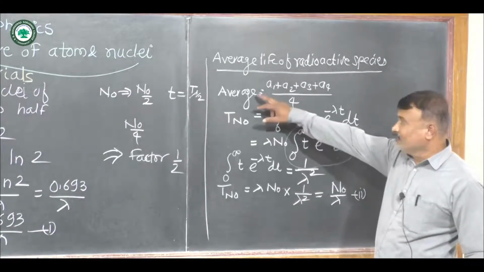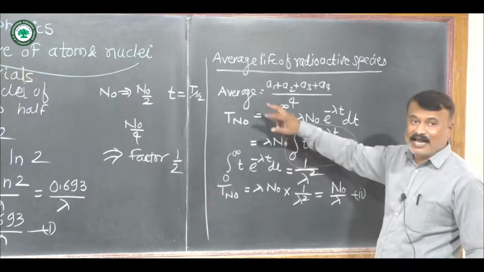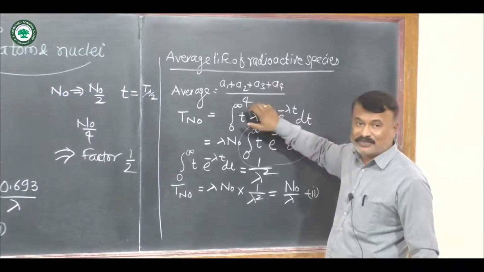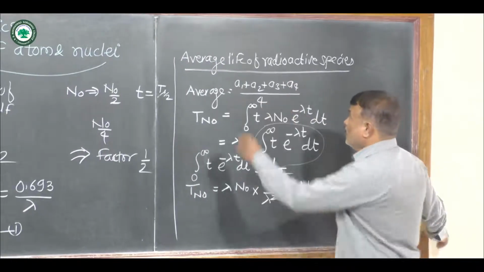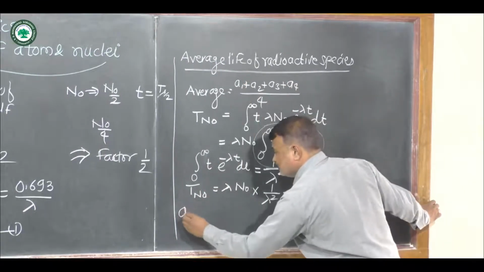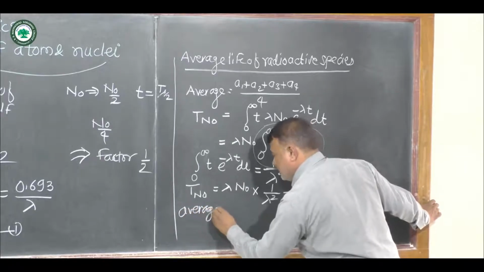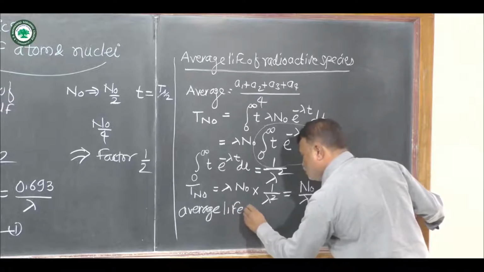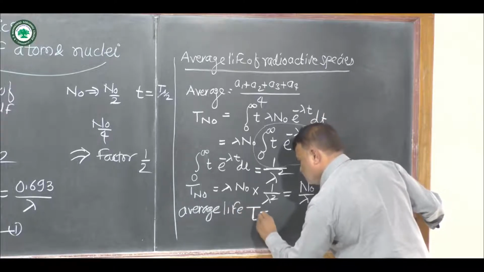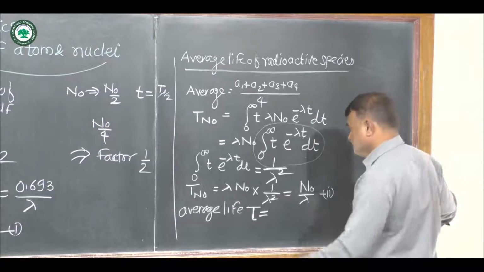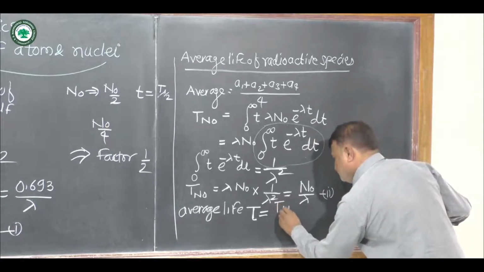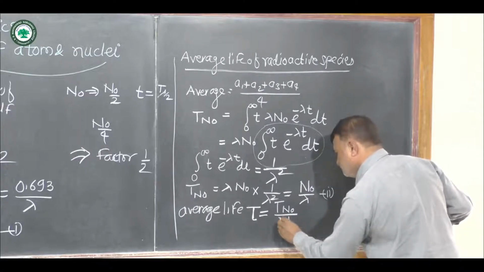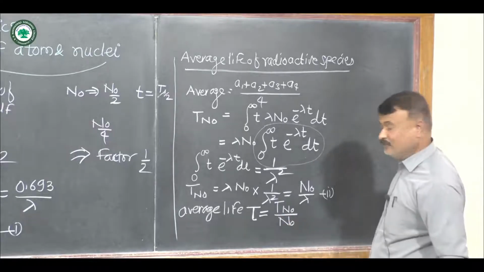Now, just as the average is equal to A1 plus A2 plus A3 plus A4 upon the number of readings 4, we have to find the average life. This average life is denoted by tau, and it is equal to T N0 upon the total number of readings N0.